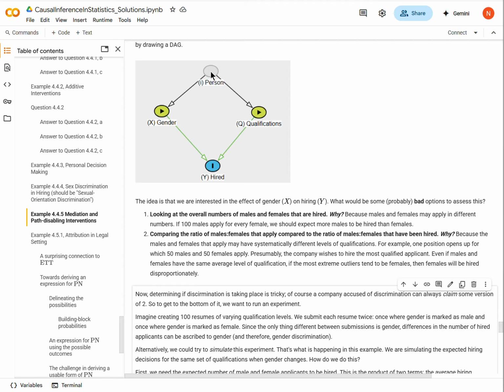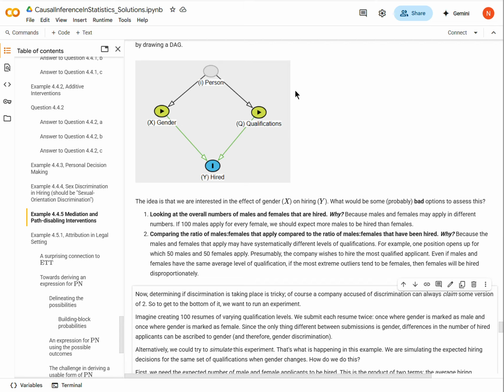Okay? And then we send those applications once, where the applicant is identified as male, and then we send the same resumes or applications where the person is identified as female.